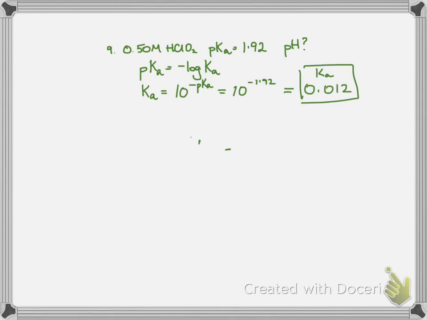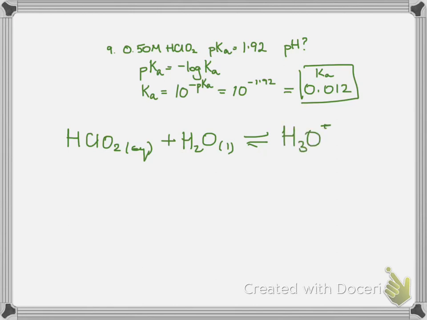So HClO2 (aq) plus H2O (liquid) is in equilibrium with H3O plus (aq) and ClO2 minus (aq). All right.